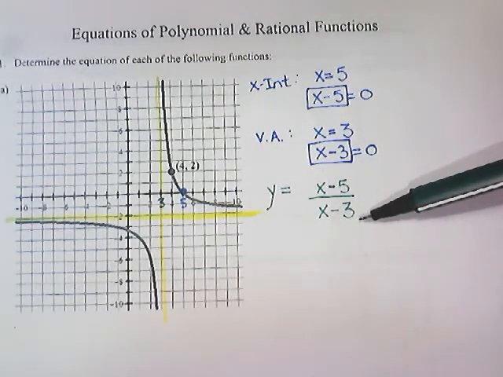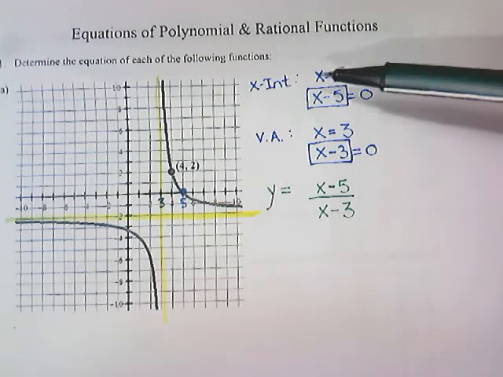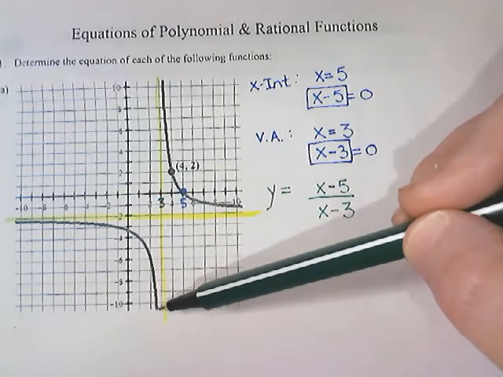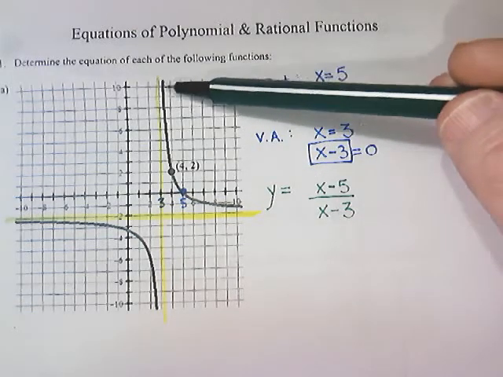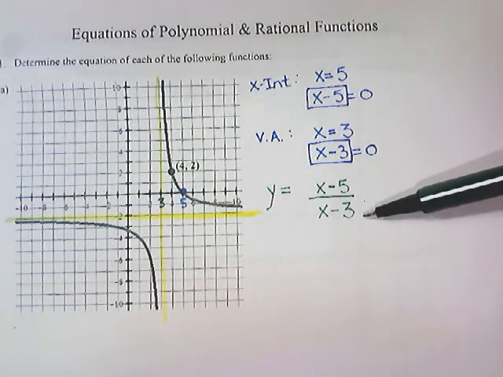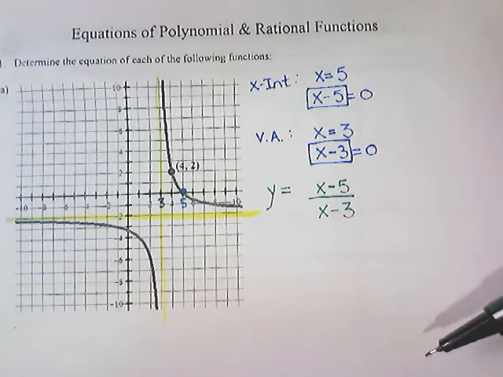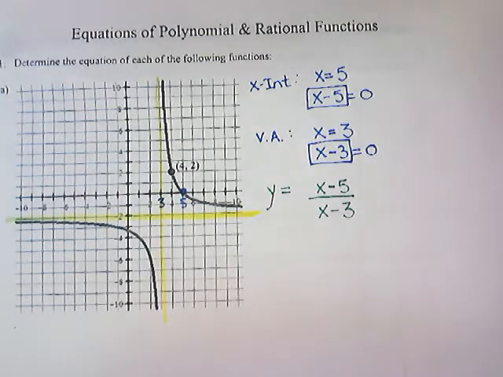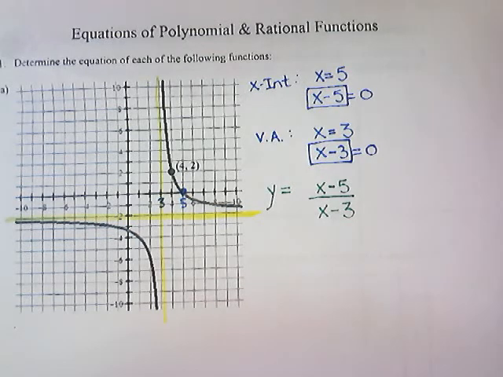In the denominator, the x minus 3 would have an exponent of 2 or 4 or 6 if the ends were pointing in the same direction. On the left-hand side, the end is pointing down, and on the right-hand side, the end is pointing up. So I don't think there's a square on there. There could potentially be a power of 3 or 5, but for now, I'm just going to say there isn't an exponent.